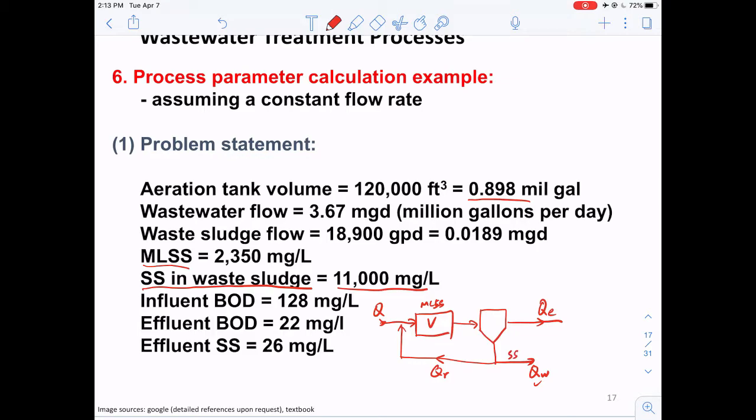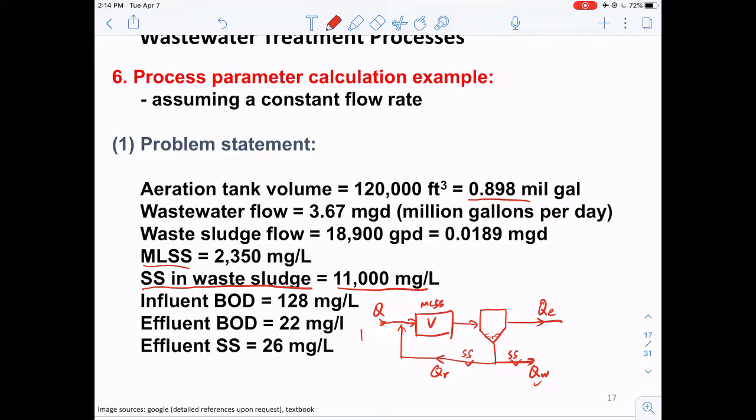So if the suspended solids concentration in the waste sludge is known, then the concentration in the return sludge will be the same, right? Because they're the same bunch of solid sludge, splitting into one stream going to waste and one stream coming back as return sludge.